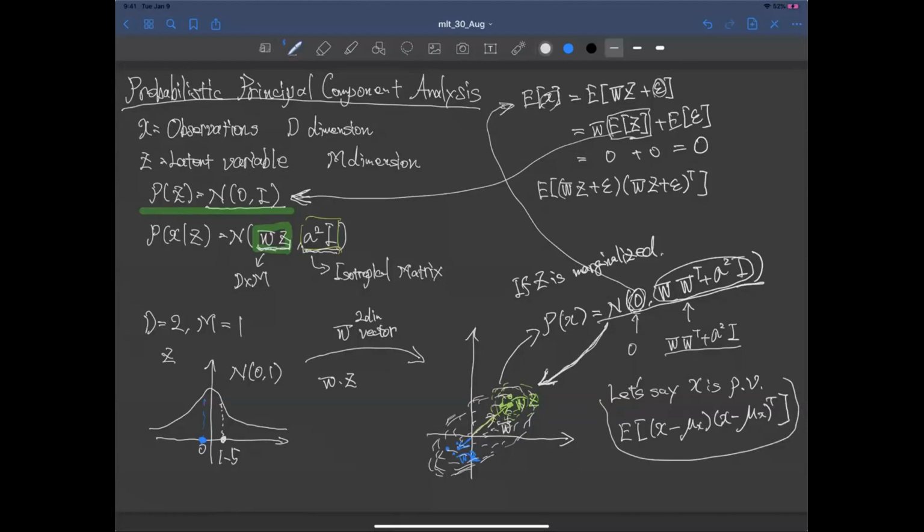This is the basic idea. Now, the mu x means expectation of x. As I calculated it, the expectation of x is 0. Therefore we can write this.